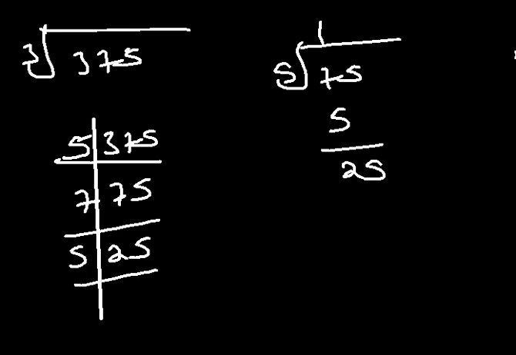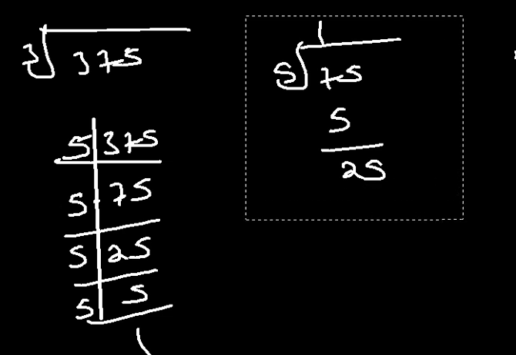And 5 into 25 gives 5, and 5 like that. So which means 375 is not a perfect cube.